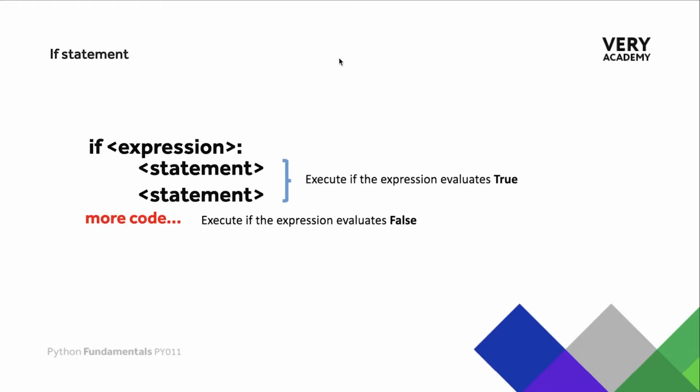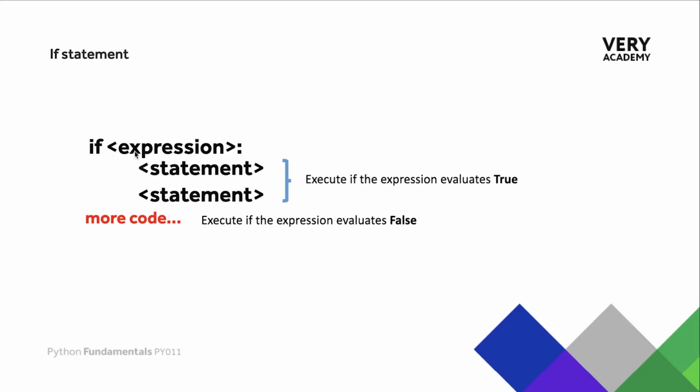So to recap, this if statement, our conditional statement, starts with an expression. We evaluate the expression and the outcome of it will be one of two results, true or false. If we return true, then we run this statement or statements or code inside the if statement block here. They have to be indented to indicate to Python that it's part of the if statement.